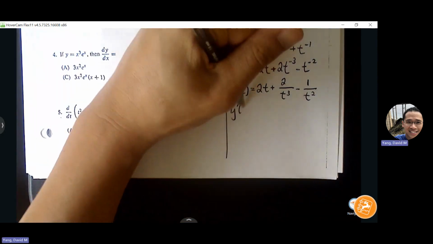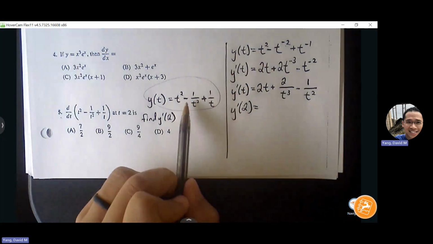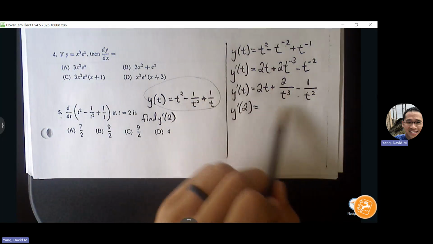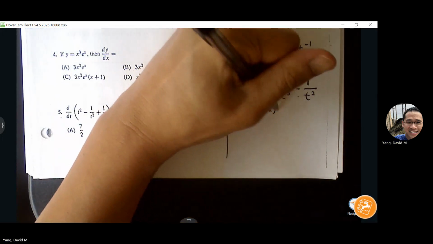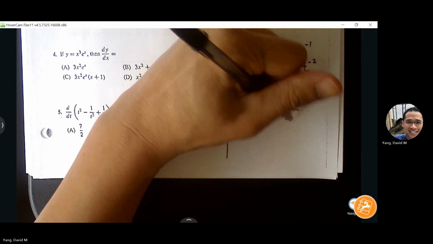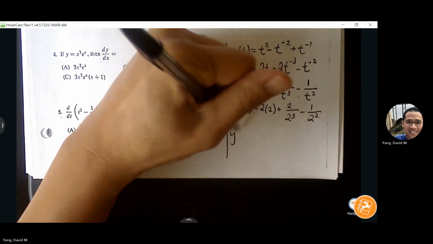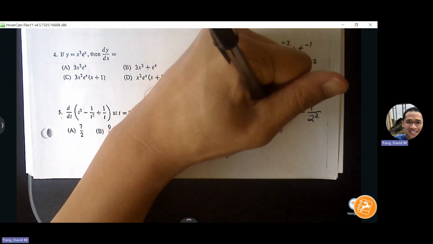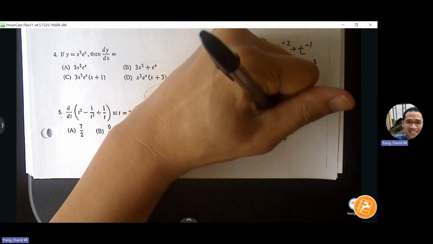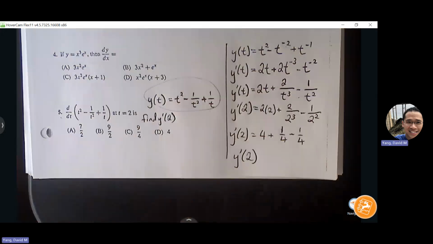Now we want to find the slope of this graph at 2, and this is how we're going to find that slope value. Two over 8 is the same thing as 1/4 minus 1/4. Y prime of 2 is just going to reduce to what? 4.